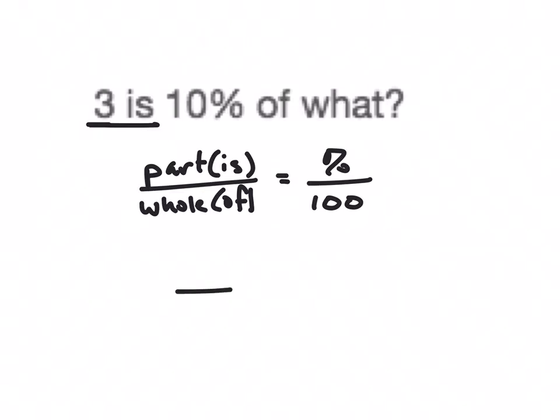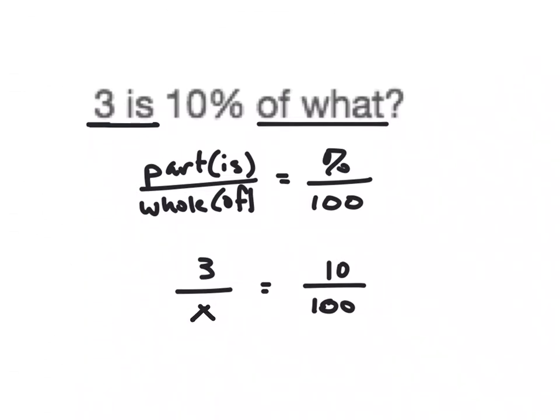So my 3 is going to go here, my 100 always goes down here in the bottom right, and 10% goes up here. So 10 goes there. Then of what is what we're trying to find, and we don't know what that is, so we put x in the denominator.